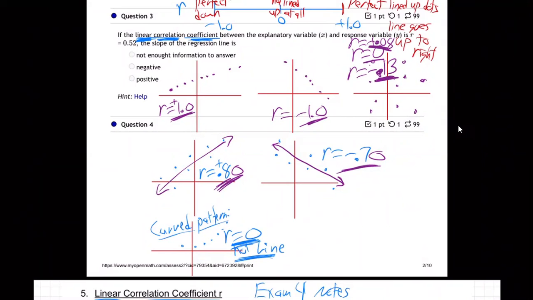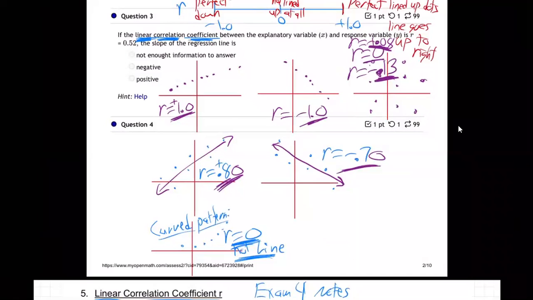It could be some other pattern. It could be a curved pattern, but it's not a line pattern. So the R is a measure of how closely the dots fit a line, how much they're lined up when you do data research. And positive if the line's going up to the right, negative when the line's going down to the right.